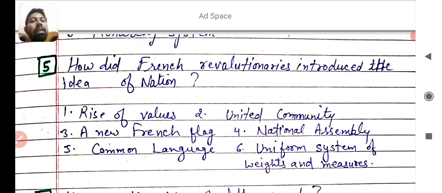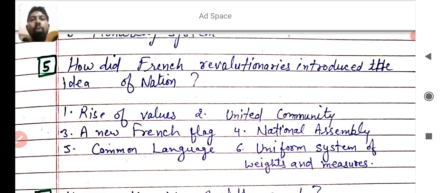And finally, they made a uniform system of weights and measures. Why? Because at that time there were different weighing and measurement systems in Europe and also in France. So that's why the nationalists of France made a uniform system of weights and measures to make unity in the society.